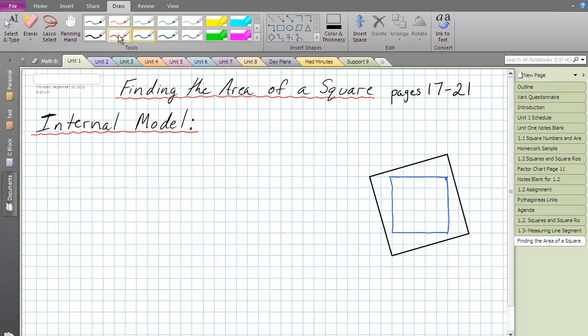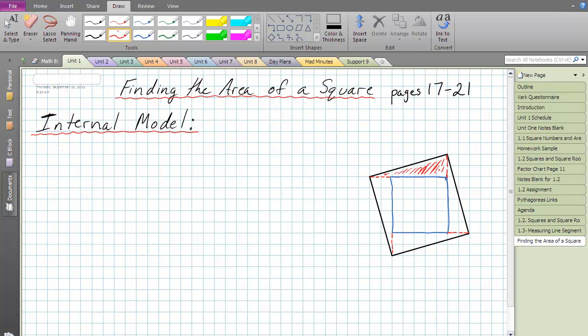And what we also need to look at is if we extended this line kind of like so, not only do we have a square inside this square, but we also have 4 right triangles. I'm just going to shade this in a little bit.